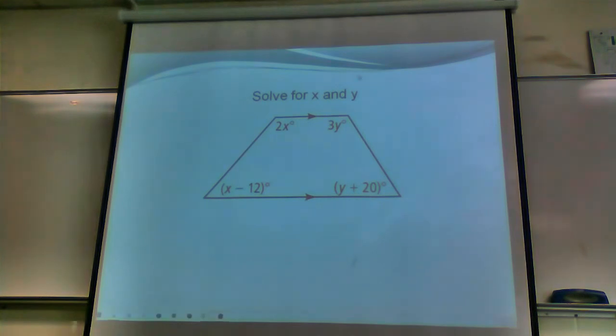Just to show you how to transform these problems into what we want. Remember, from now until basically the end of the book, everything we're working with involves parallel lines. If you see parallel lines, try to create something that looks like a transversal going through the two parallel lines.